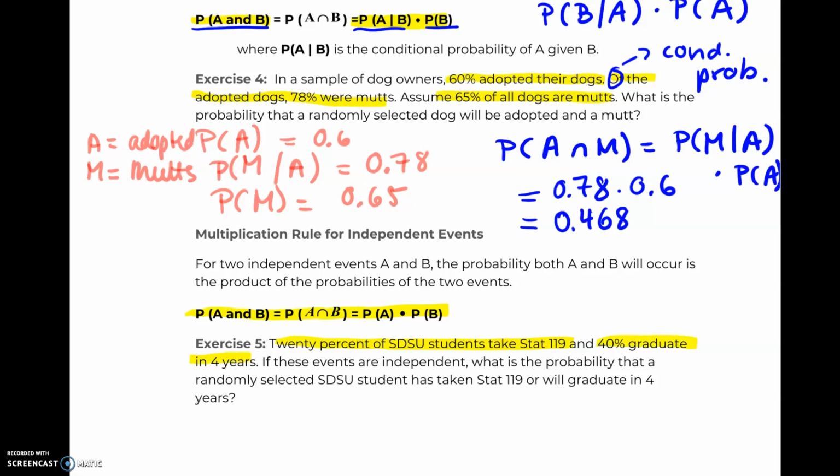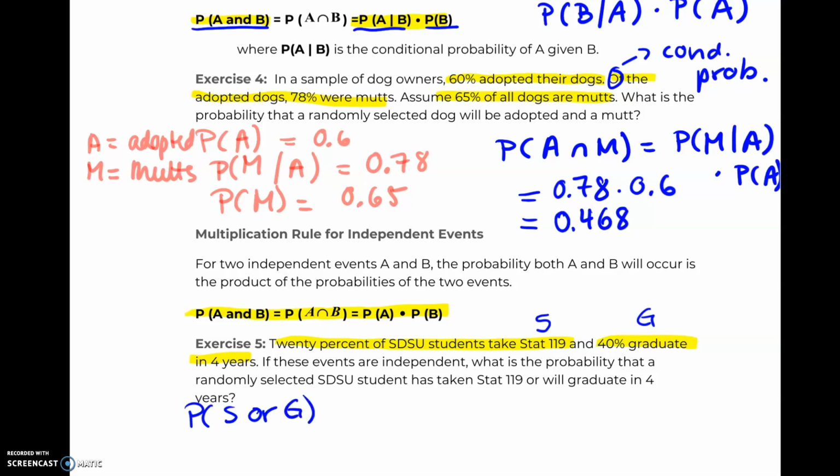If these events are independent, what's the probability that a randomly selected student has taken Stats 119 or will graduate in 4 years? We'll call the event that a student is taking stats S, and whether he graduates in 4 years G, and we are looking for the probability of S or G.